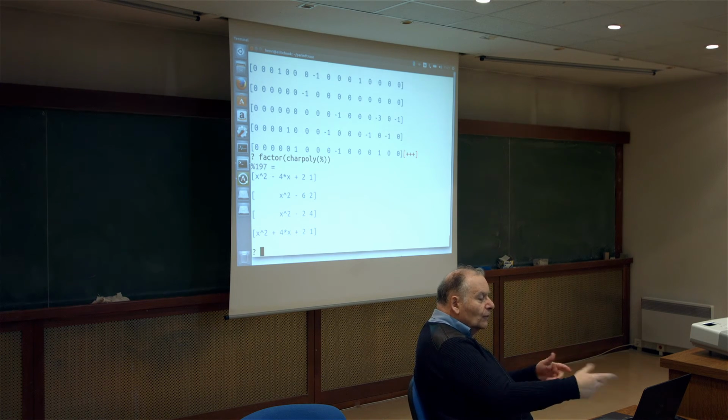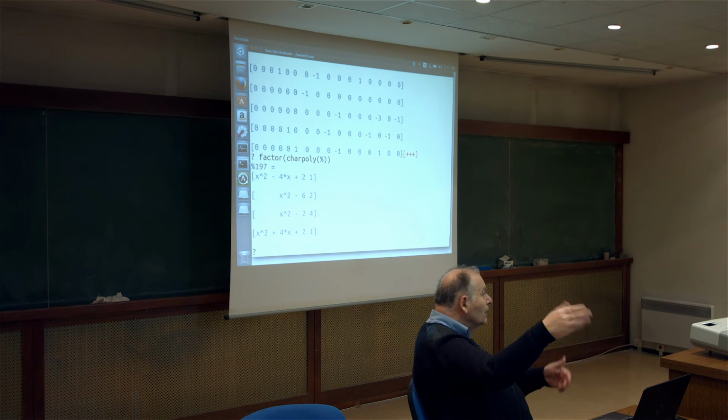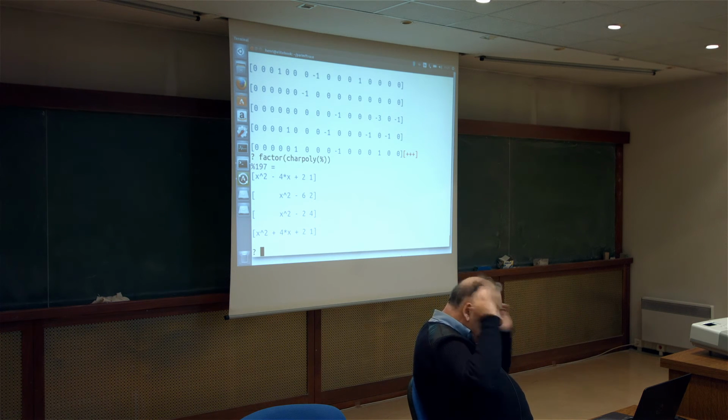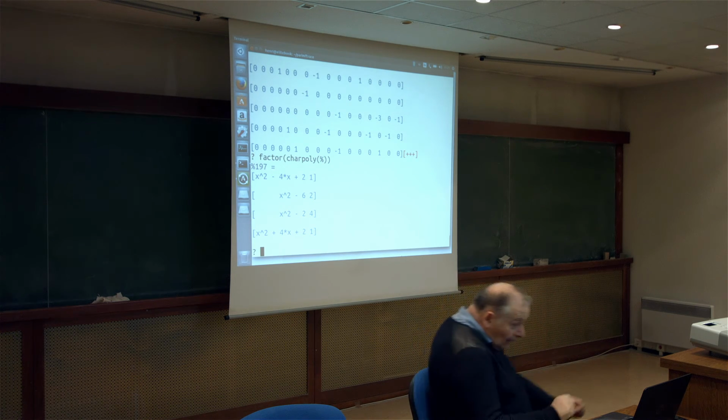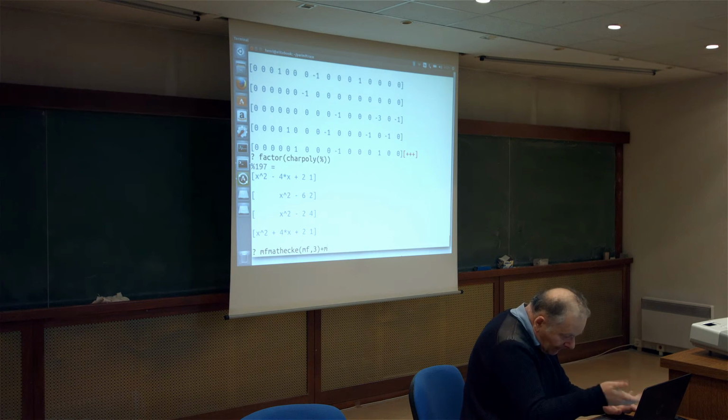I can't show you the whole detail, of course, but you can try 3, 5, 7, whatever. It will never completely split the space. On the other hand, if I take the Hecke operator T3 plus the Hecke operator, whatever, T5 probably.